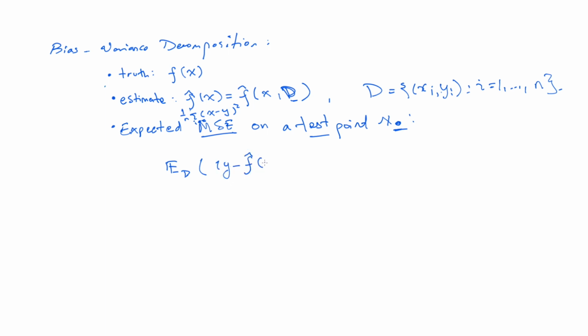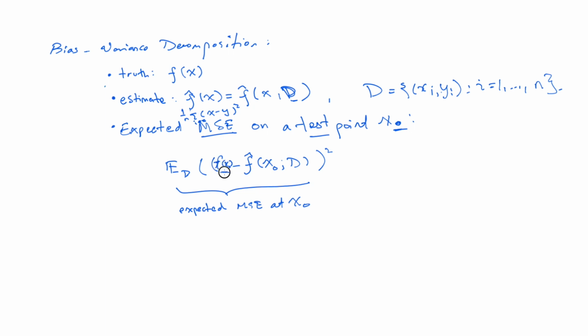So let's look at it. Okay, so this term here is the expected mean squared error at x0, right? Sorry, this should be f of x0.